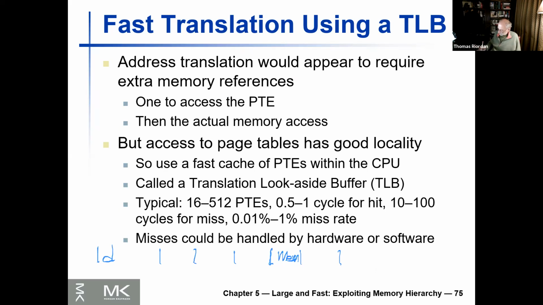Here we did the base plus offset during the ALU cycle to get the address. Remember this? That's where we take the base of the data structure and add the offset, how far we're going to go into the data structure. We do that address calculation, and then we use that to access the memory. Well, this base plus offset is the user's virtual address.